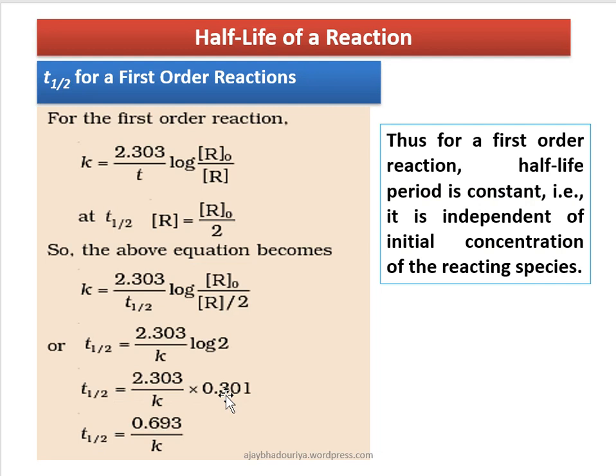And T half for first order reaction. For the first order reaction, K is equal to 2.303 upon T log initial concentration R0 upon R. As it is T half, R will become equal to initial concentration divided by 2, R0 upon 2.